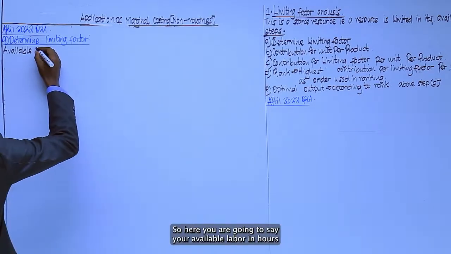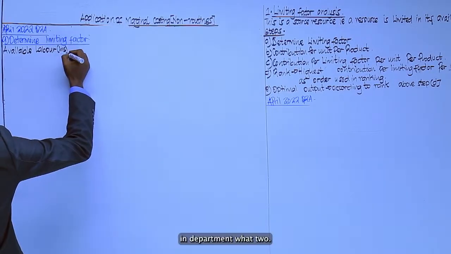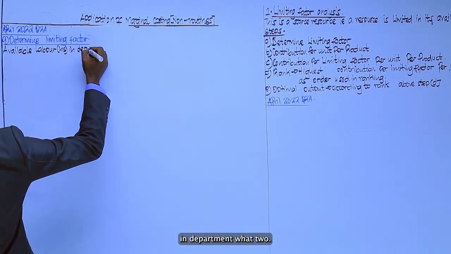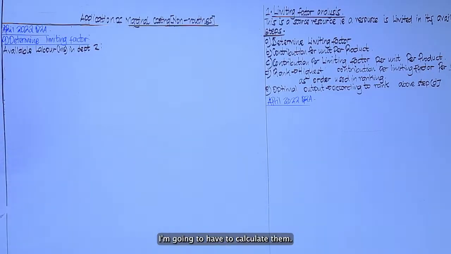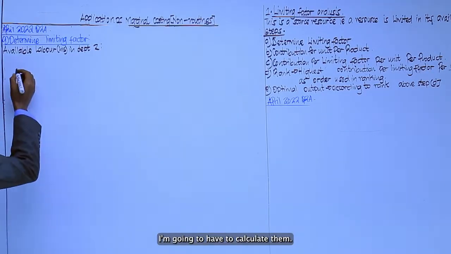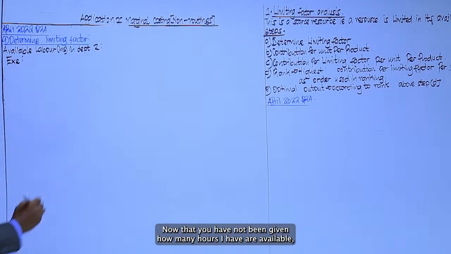So here you're going to say your available labor hours in department 2. Your available hours in department 2, you're going to have to calculate them now that you've not been given how many hours are available.